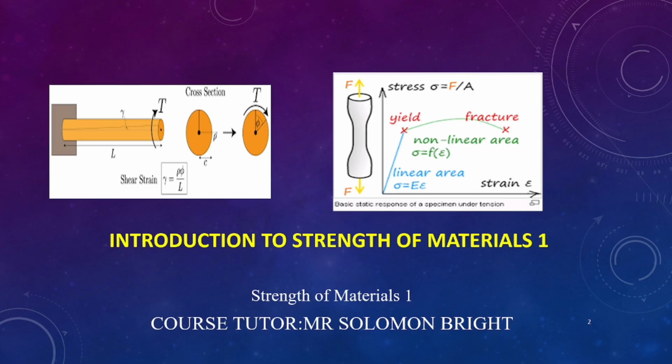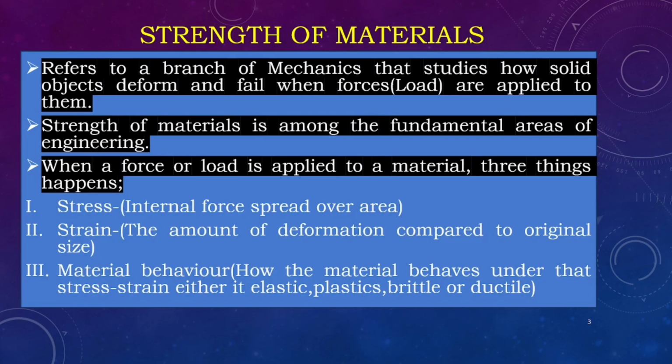Now, let's go into it. First of all, what is strength of materials? It refers to a branch of mechanics that studies how solid objects deform and fail when forces are applied to them. That means it helps us to know how certain objects or components deform and fail when force is applied to them.